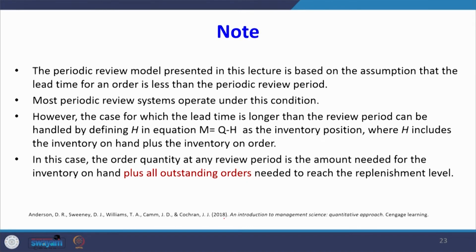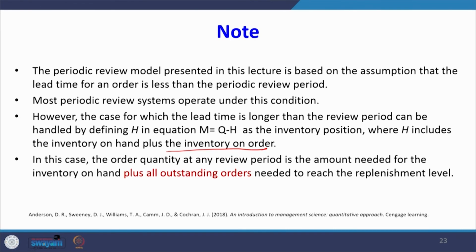So, most periodic review systems operate under this condition. However, the case for which the lead time is longer than the review period can be handled by defining H in the equation M equal to Q minus H as inventory position, where the H includes the inventory on hand plus inventory on order.